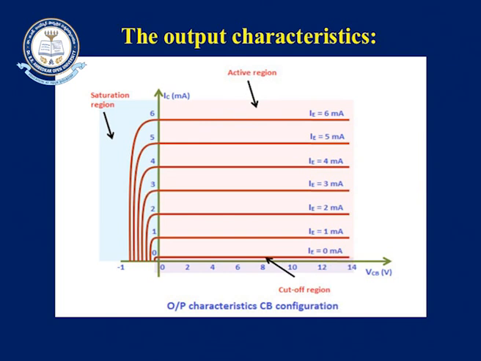In the saturation region, for a small variation of VCB, the current increases rapidly. Just observe that as VCB goes from 0 to minus 1, the current increases sharply, whereas across the positive axis the current is constant. So, the negative x axis we treat as the saturation region, and the positive x axis we treat as the active region.